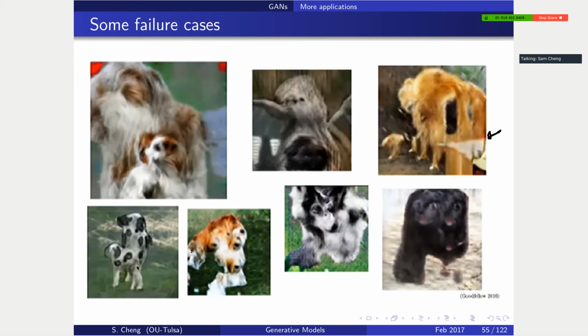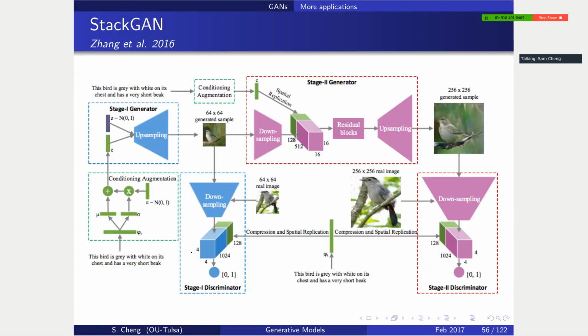And this is another interesting work that is basically doing the opposite of captioning. We just input a sentence here and then try to generate an image that is related to that sentence.